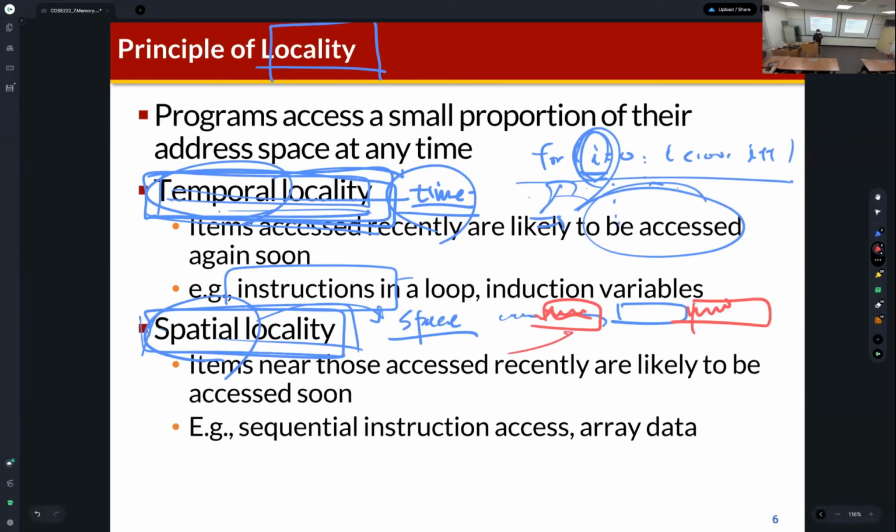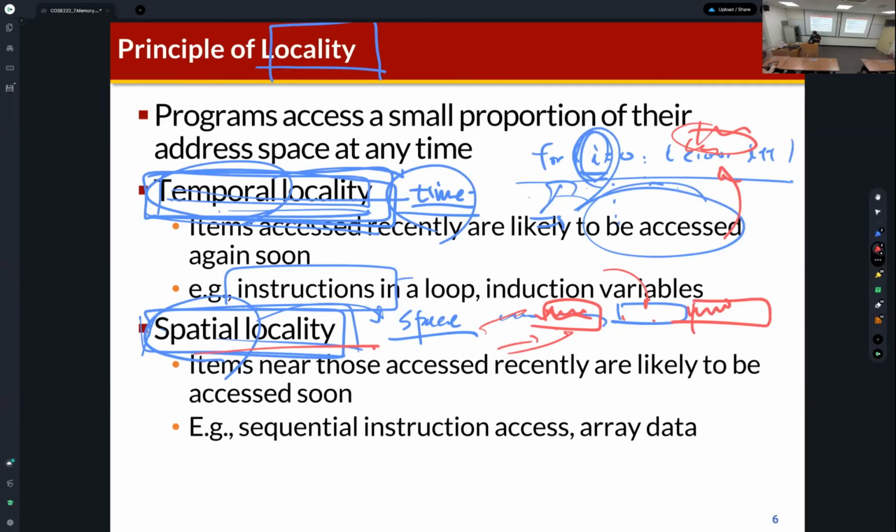Temporal locality means that the same data is accessed again and again, it's time related, but spatial locality means that when a certain data is accessed, then with a high probability, our program will access the neighbor data. This kind of property is also observed in our program.